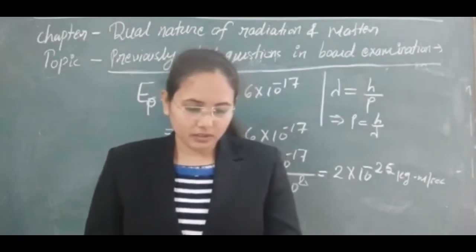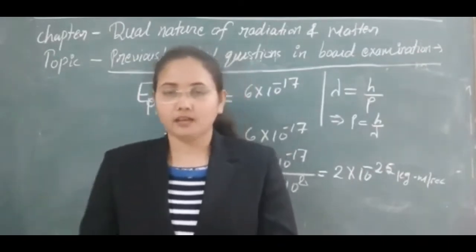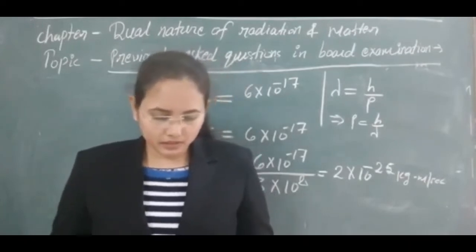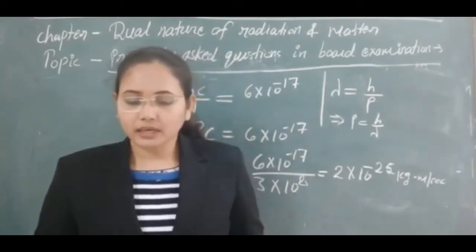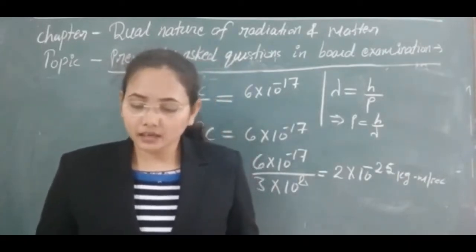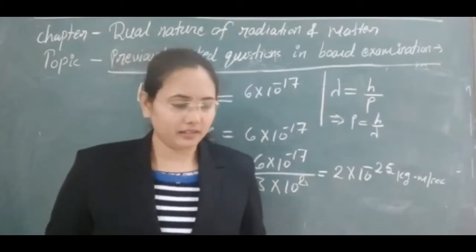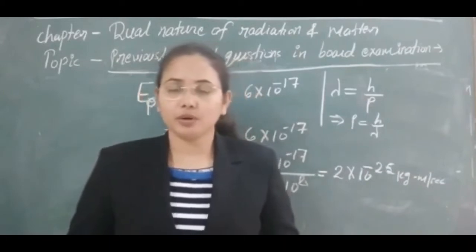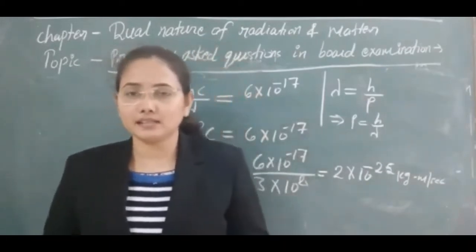Next question, a number of questions are asked from this chapter. Next it is given: define the term intensity of radiation in terms of photon picture of light. So here students, one more thing, this is a conceptual problem, this is a very important section.